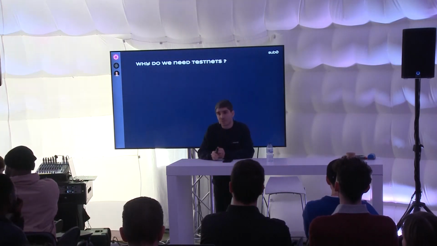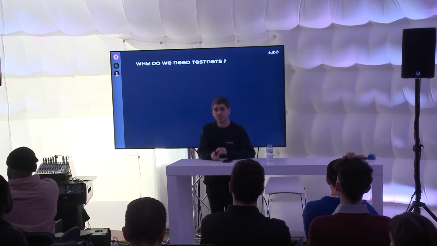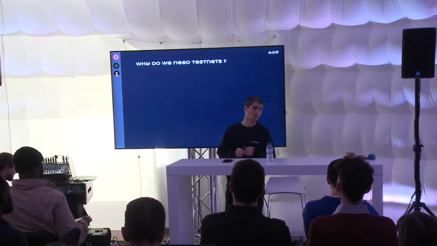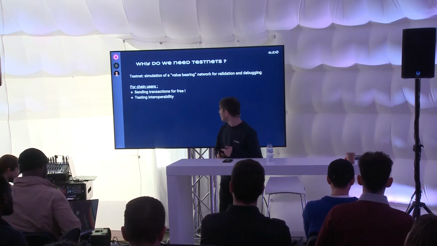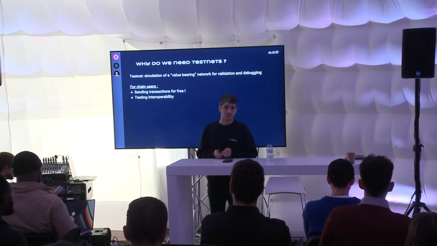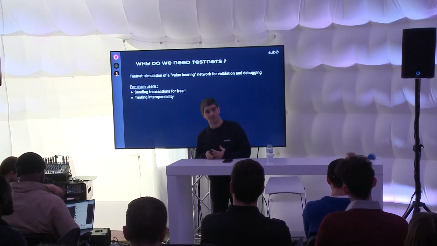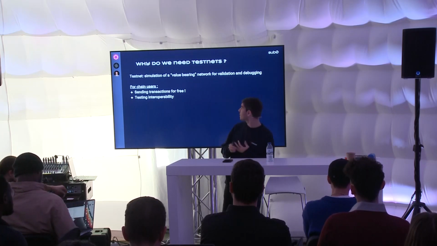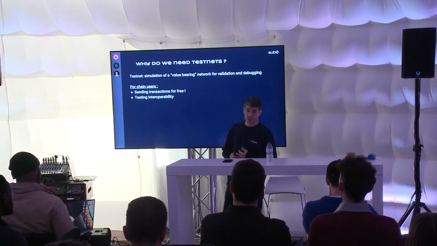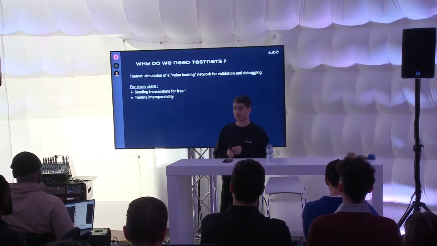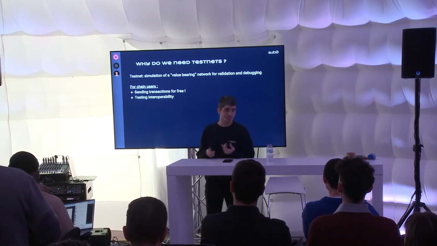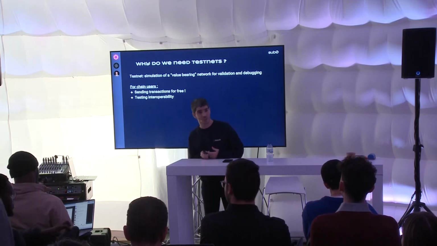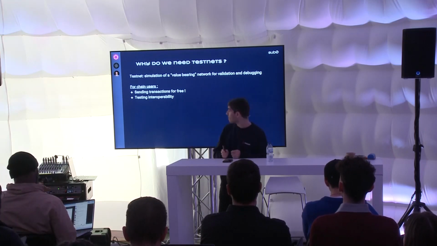As a bit of an introduction, what is a testnet and why do we want these kinds of blockchain networks? The idea of a testnet is to create a simulation of a real blockchain network, which doesn't hold actual value. So the tokens are free. You want this because you want to validate your code and be able to debug.